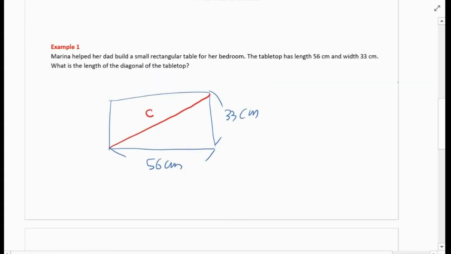Alright, we're going to start the question by defining your variable. When you use a variable, you always need to define your variable. So let's write: let C be the length of the diagonal of the tabletop.